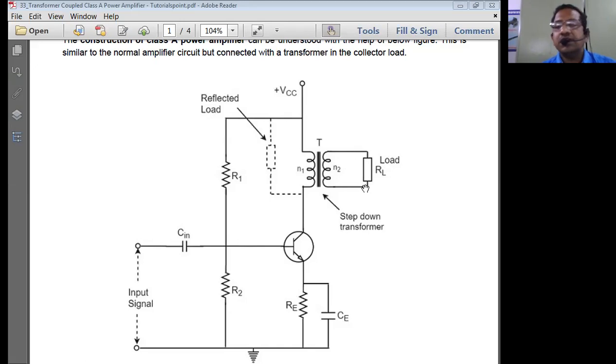Now the same circuit diagram I am going to use. If you replace this transformer with RC, the circuit is similar to the CE amplifier circuit, no difference.